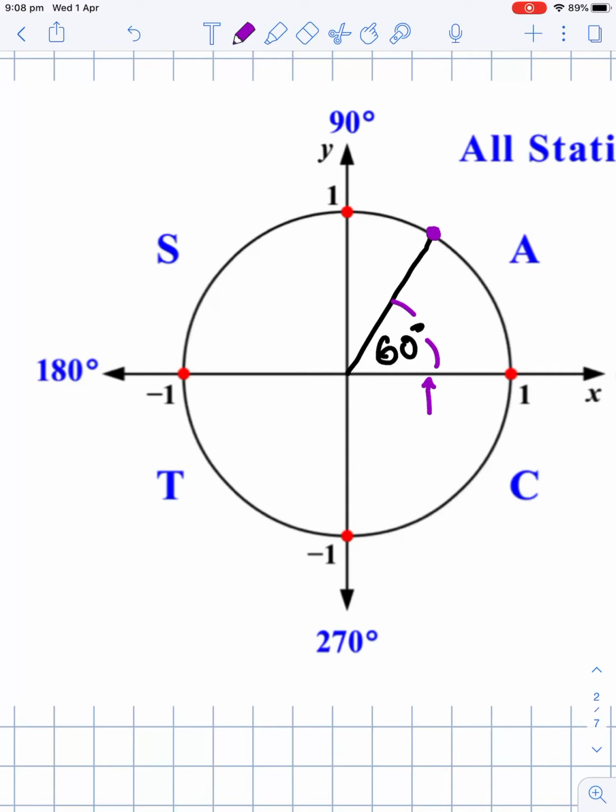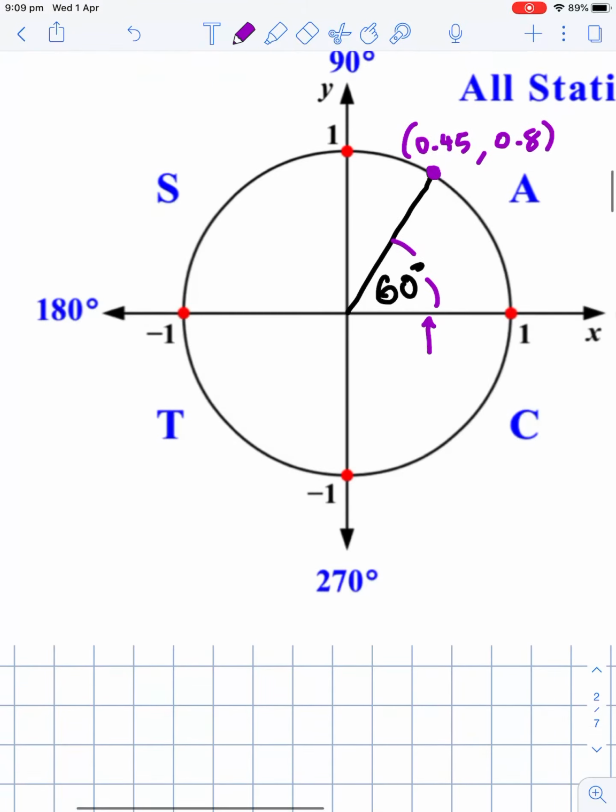It looks close to halfway, so I'm going to say its x value is 0.45. And its y value, that looks pretty close to 1. Let's say that's 0.8. I'm only guessing those, and I'm guessing that angle is about 60 degrees.